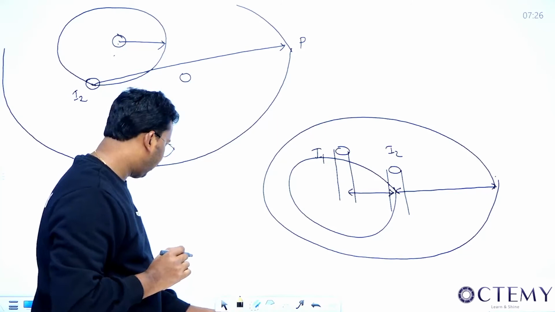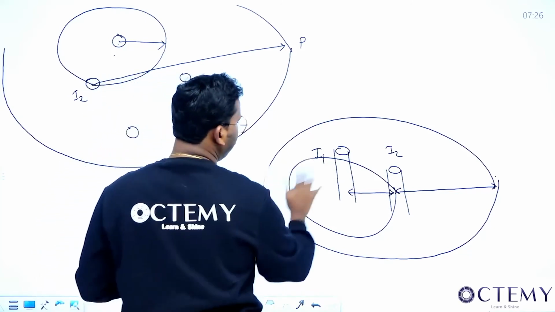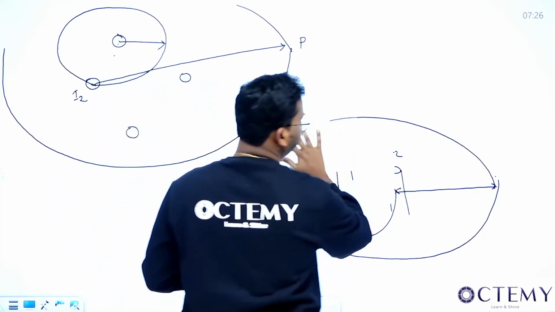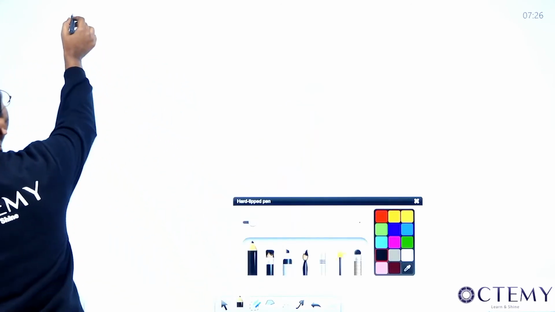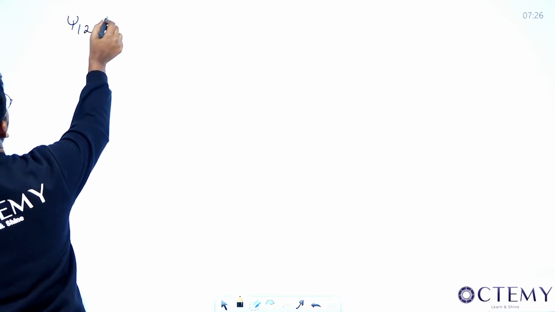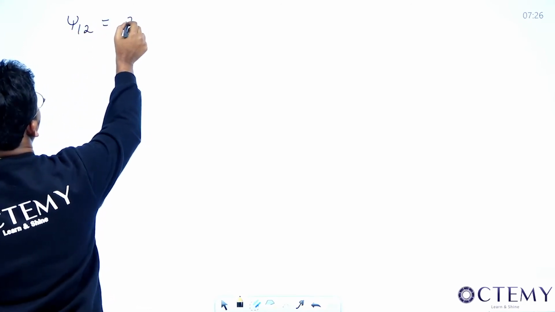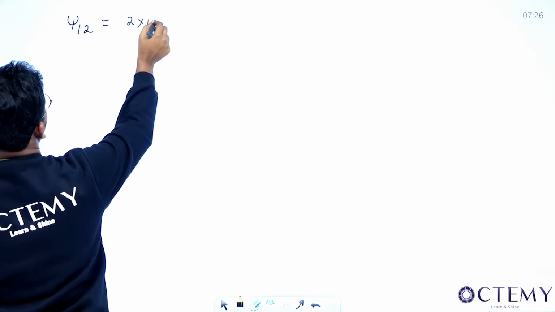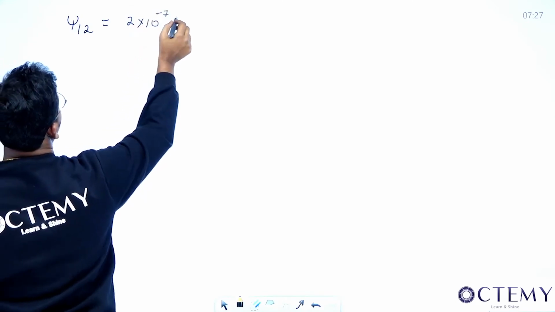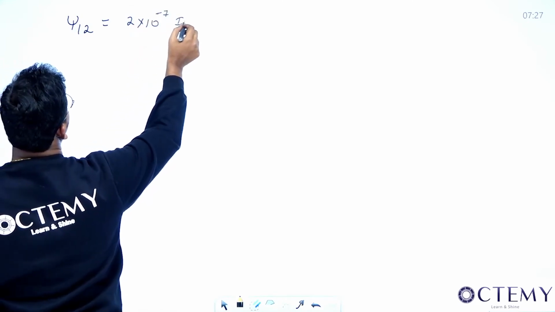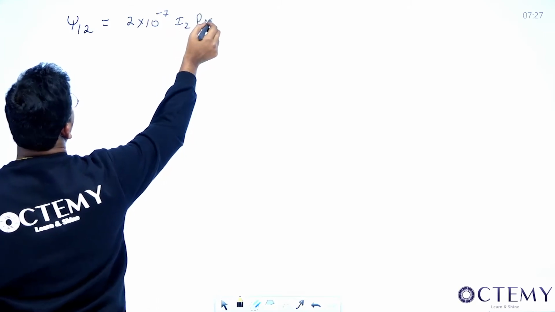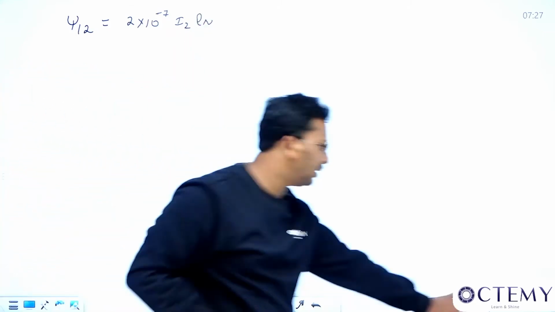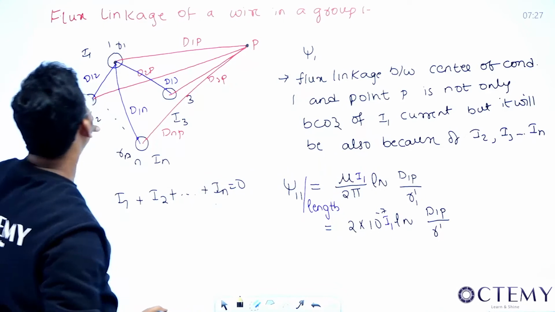So see sir, what will happen, that will be equal to, let me rub this. So see, that is flux linkage phi 1 2 because of the current in conductor 2. So that should be equal to 2 into 10 power of minus 7 into I2 into ln. See sir, what is the longer distance? The longer distance is D2P.